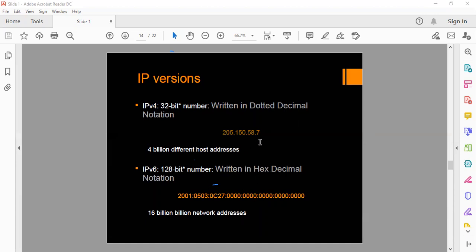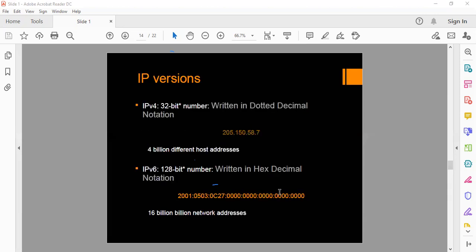Through IP version 4 there will be 4 billion different hosts, while in IP version 6 there will be 16 billion networks, and a huge number of hosts.